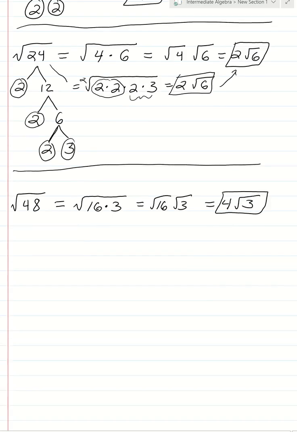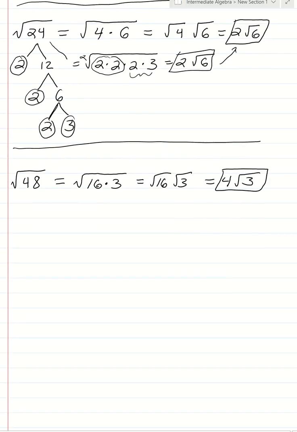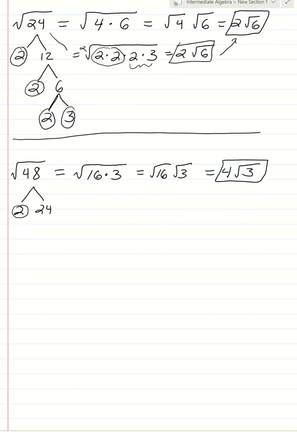Well, if we were to use that alternative approach, let's see if we can come up with the factor tree for 48. Let's say we go with 48, and we want to break that up into 2 times 24. Well, 2 is prime, so I'm going to leave that alone. The number 24, let's break that up into two factors.